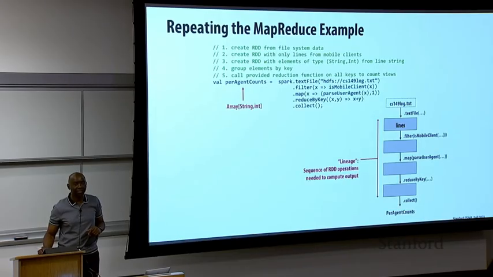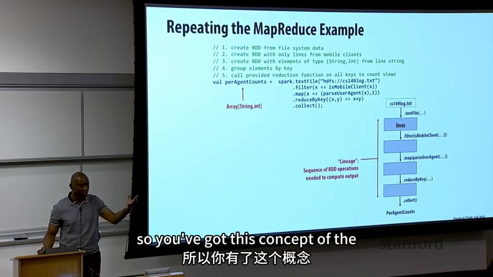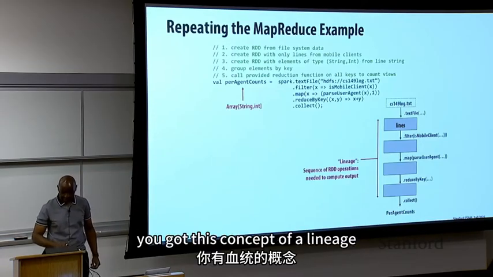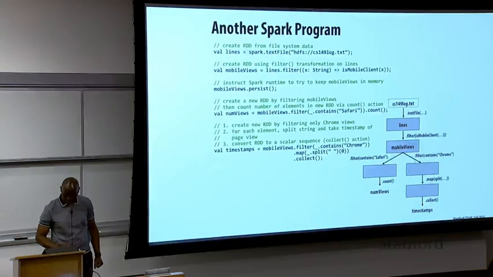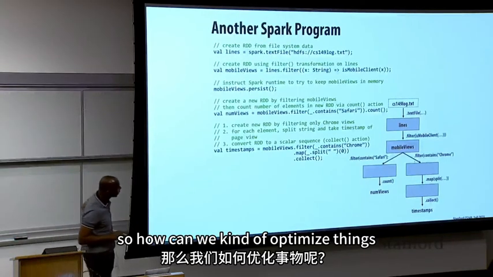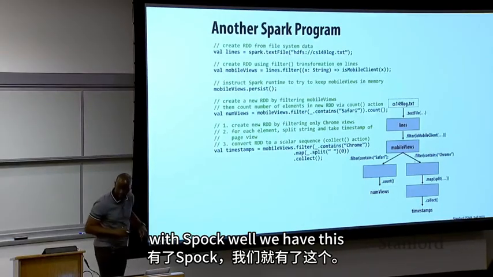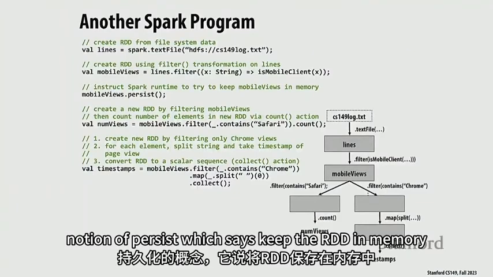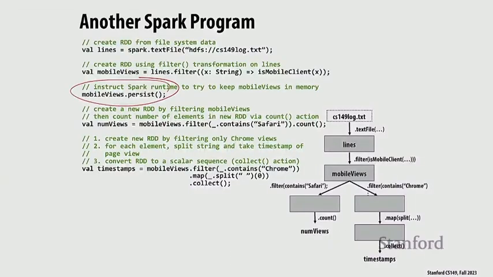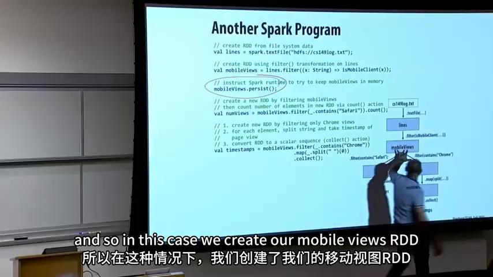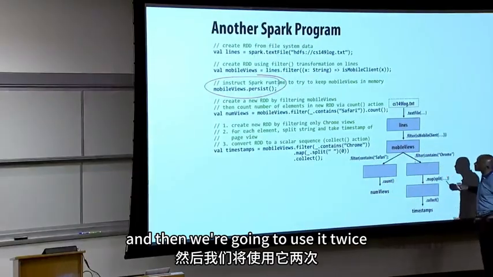Okay, any questions? So you've got this concept of the RDD, the resilient distributed data set. You've got this concept of a lineage. So how can we optimize things with Spark? Well, we have this notion of persist, which says keep the RDD in memory, right? And so in this case, we create our mobile views RDD, and then we're going to use it twice.